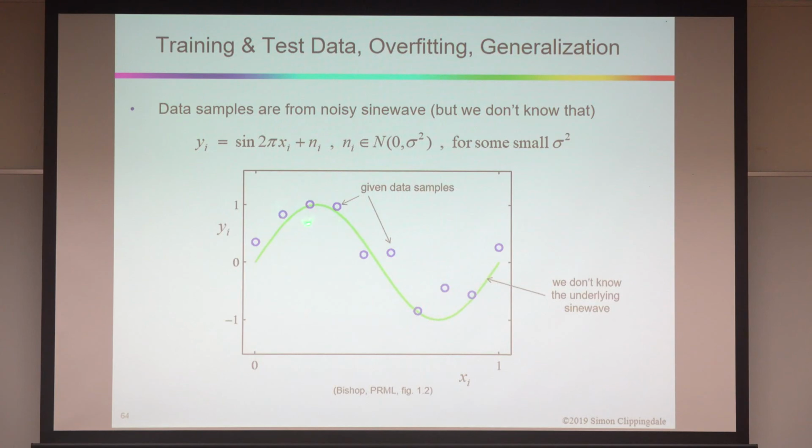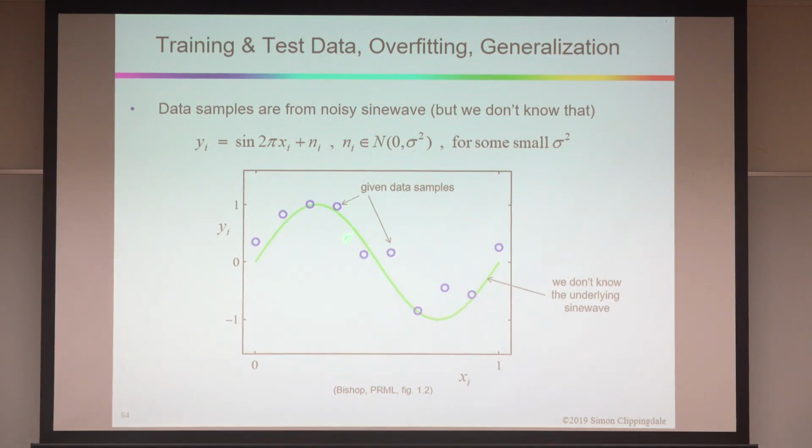So here we've got some data samples, these blue circles, x, y, and we're going to model these data samples as being from a noisy sine wave. Now, we don't know that they're from a sine wave. All we're given is the blue circles, and we're told to fit a polynomial to them.